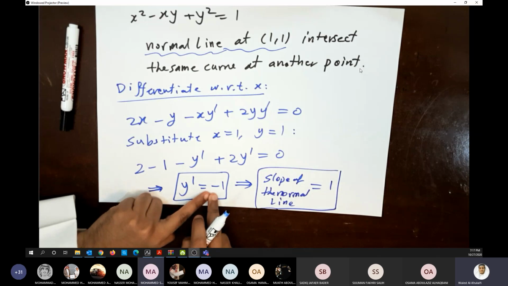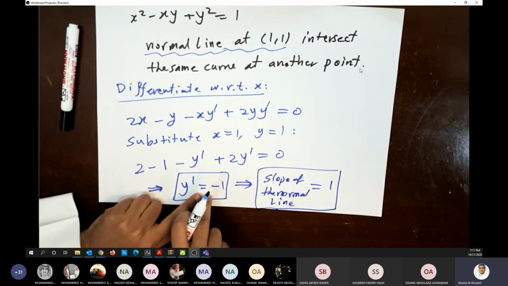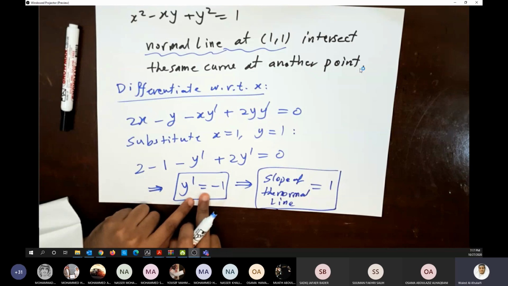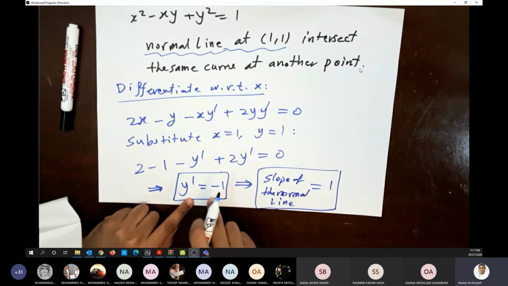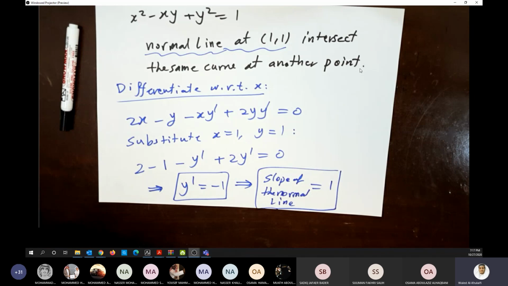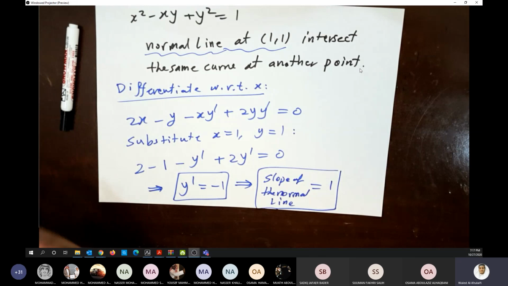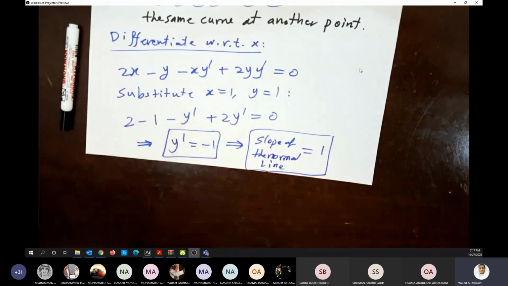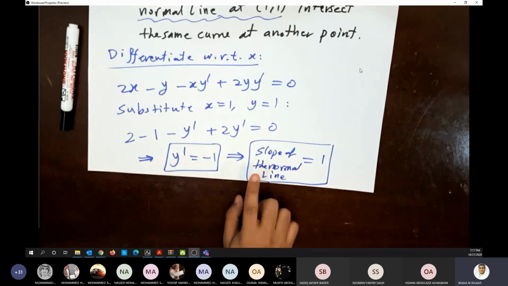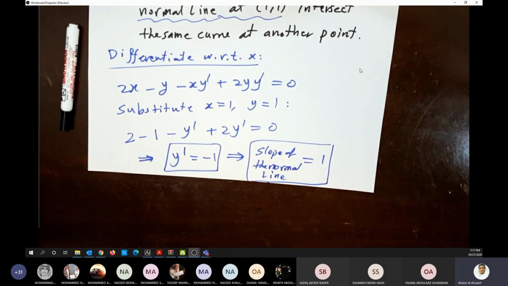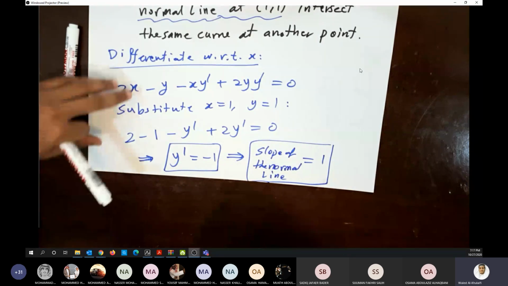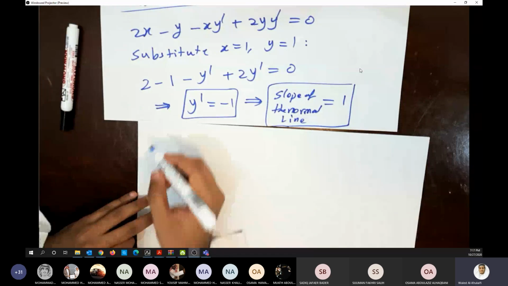Because the normal line is perpendicular to the tangent line. What you found here is the slope of the tangent line. You want to find the normal line. The normal line is perpendicular to the tangent line, and you know from before that the product of the slopes of two perpendicular lines is negative 1. So that's why we think this way. في حد عنده سؤال في هذه يا شباب؟ هذه you should know it before. طيب, alhamdulillah, we are here. Now, what we need to do, let's find the equation of the normal line.